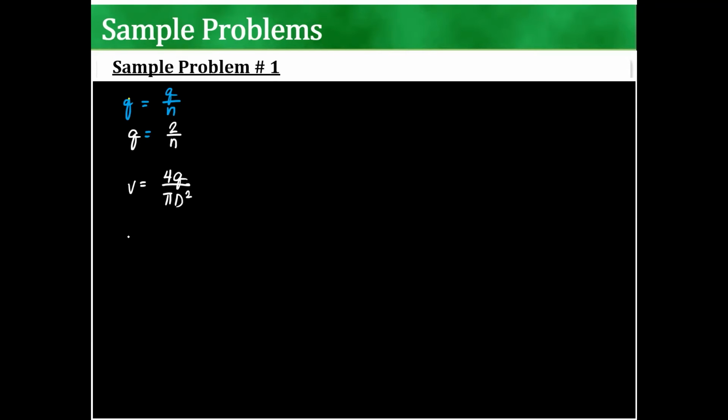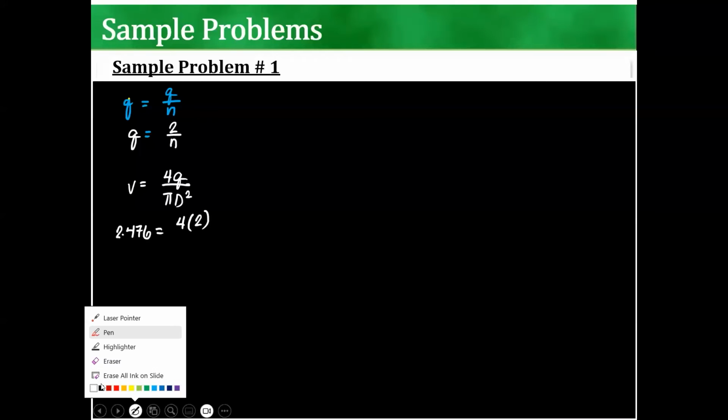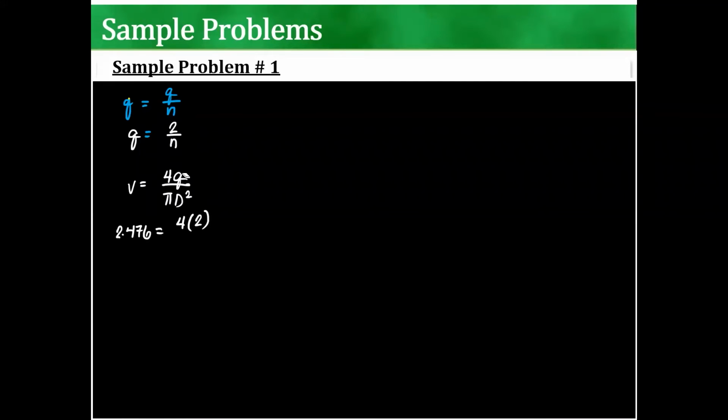You know that the velocity is 2.476. 4 times the flow, which is 2 over n, right? This Q is replaced by 2 over n, over pi d squared.